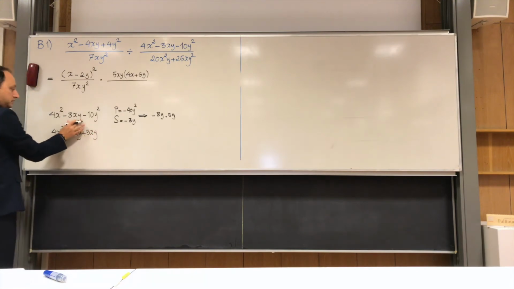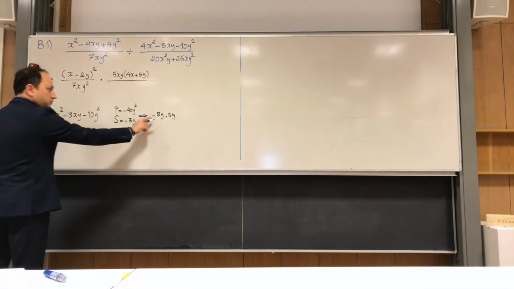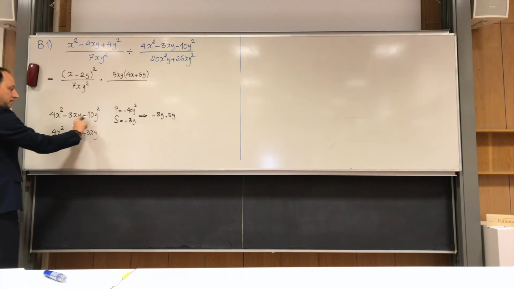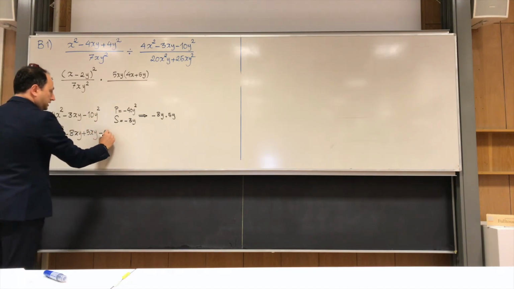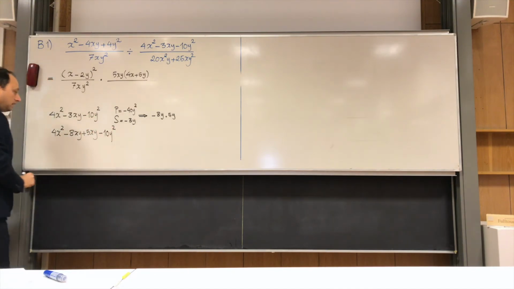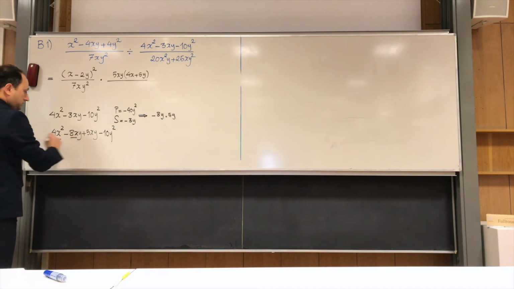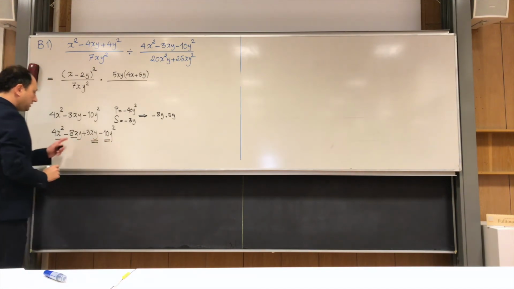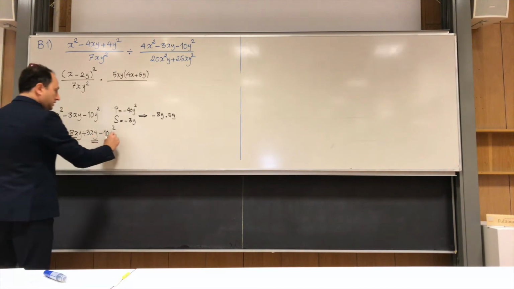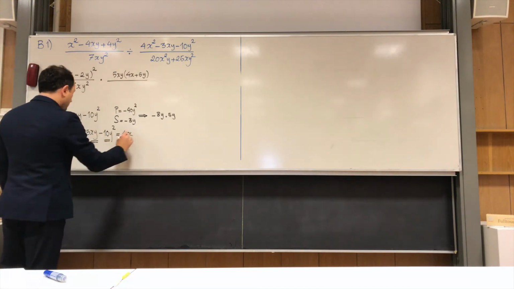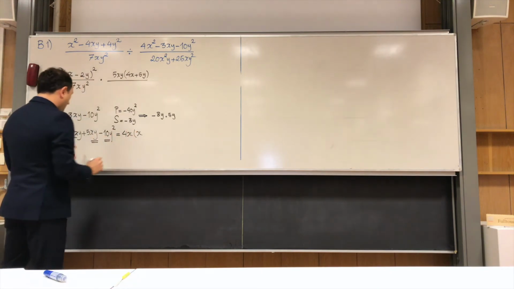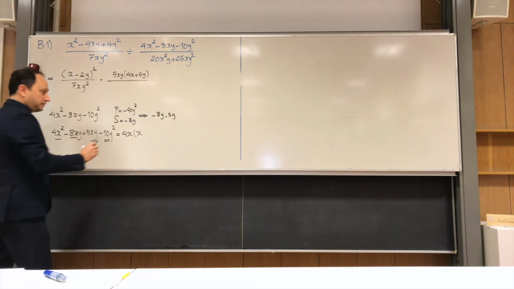So I broke the middle term based on these expressions that I got, minus 8y and 5y, and then I have minus 10y squared here. But then I can take these two together, and I can take these two together. Here I can pull 4x out, so then it becomes 4x. From here, x is left, and from here, minus 2y is left.